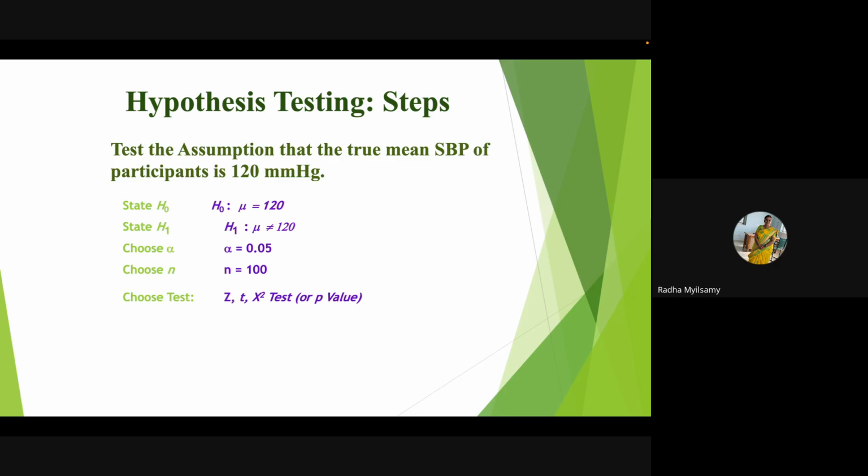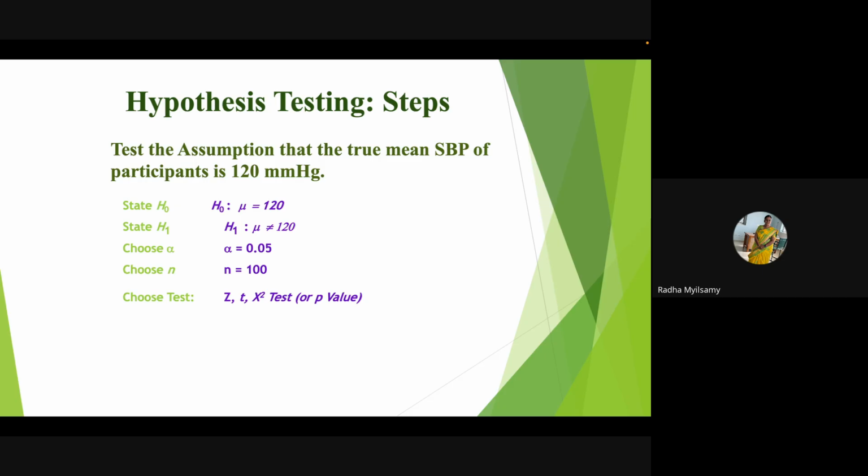In that, we may have mu equal to that value and mu not equal to that value, or we may take it as more than that value, which means mu greater than that value. That is the null and alternative hypothesis. The first step in testing of hypothesis is to decide our null and alternative hypothesis.